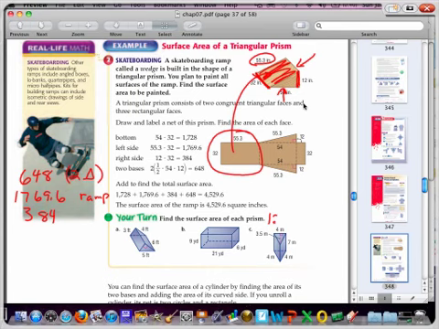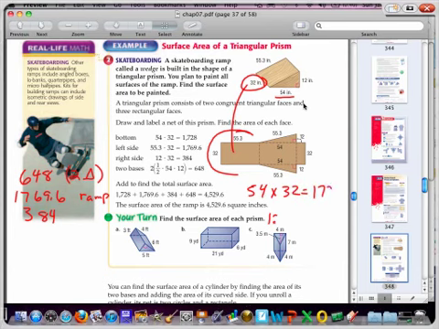But now we've got to figure out the bottom, and the bottom is 54 by 32. So 54 times 32, and that's 1,728. So we'll put that over here, 1,728.